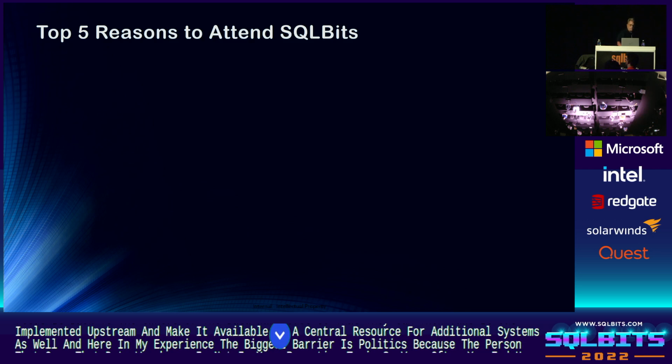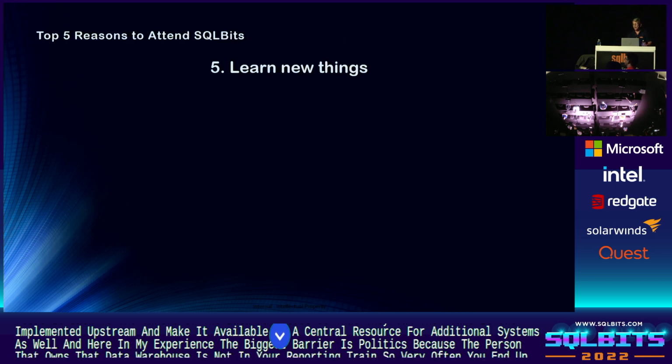So the number 5 in my top list, to learn new things. That's what you tell your boss. That's what you tell your spouses. Hey, I want to go to SQL Bits because they will learn awesome stuff. And I will be able to give so much more value back to the company when I have been to SQL Bits, right? That's kind of what we are saying to our bosses. That's reason number 5, and that's a valid reason.